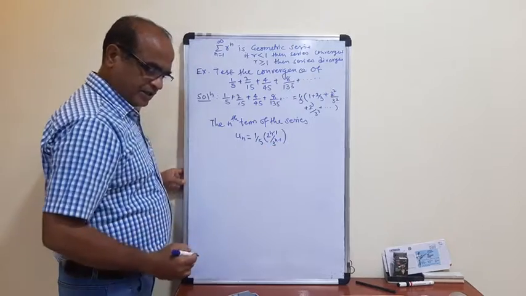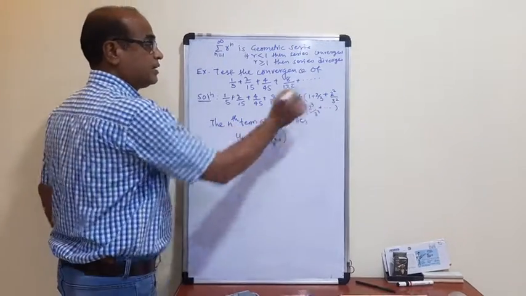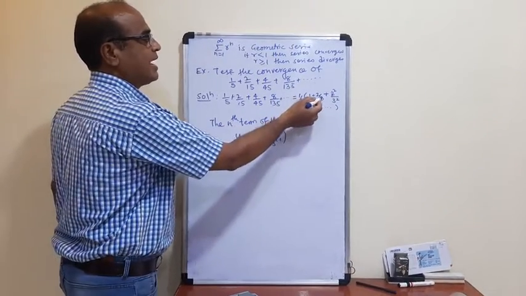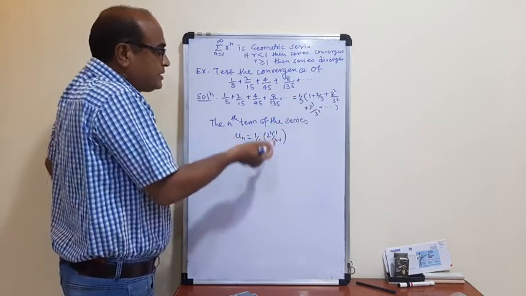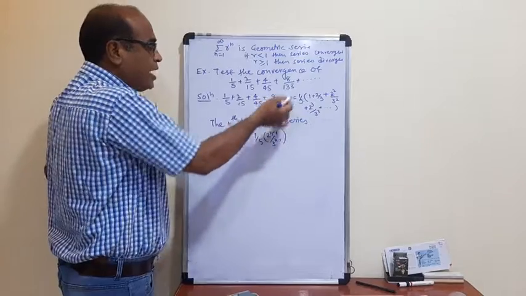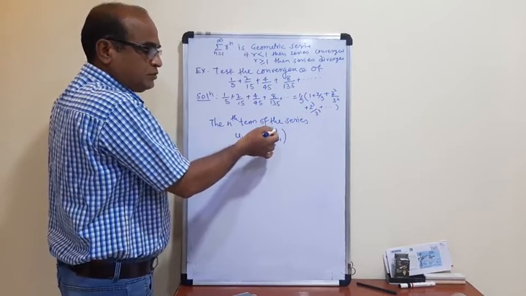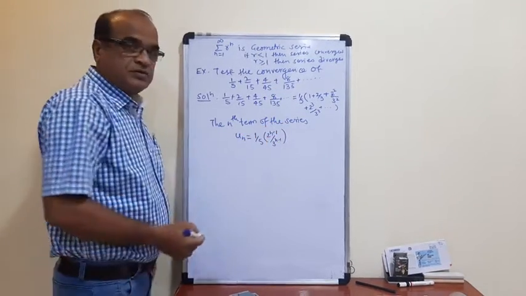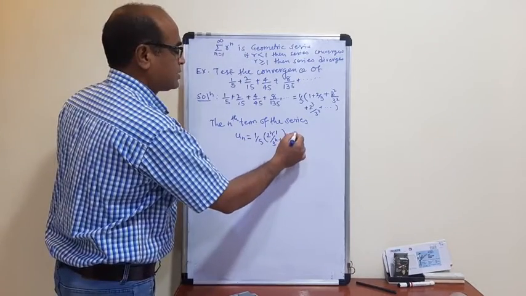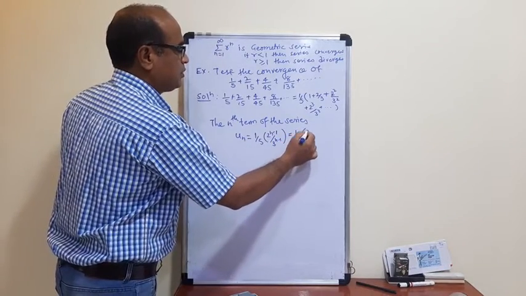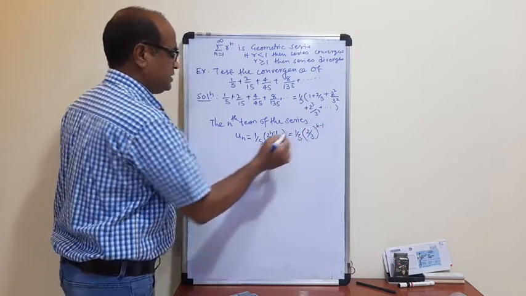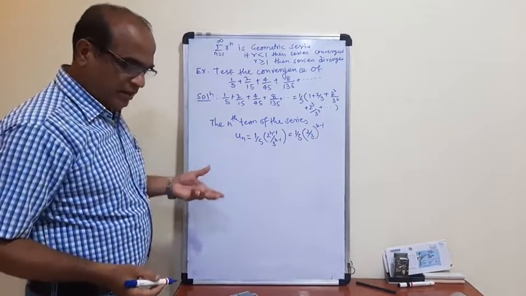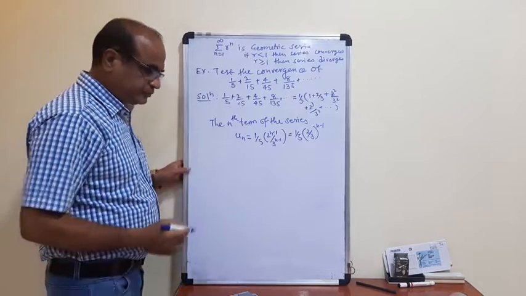So this is the nth term of the series. This is first, second, third, fourth, so that is 4 minus 1. So the nth term is 1 upon 5 into 2 raised to n minus 1 divided by 3 raised to n minus 1. This can be written as 1 by 5 into (2 by 3) raised to n minus 1. So this is u_n, the nth term of the series.